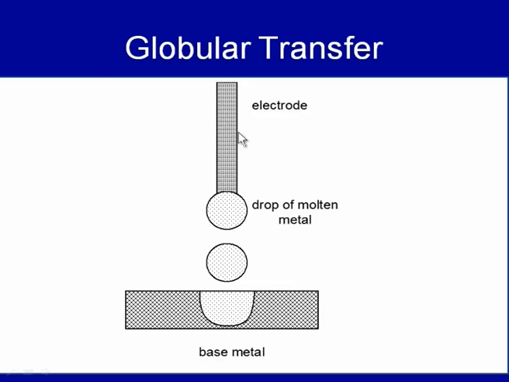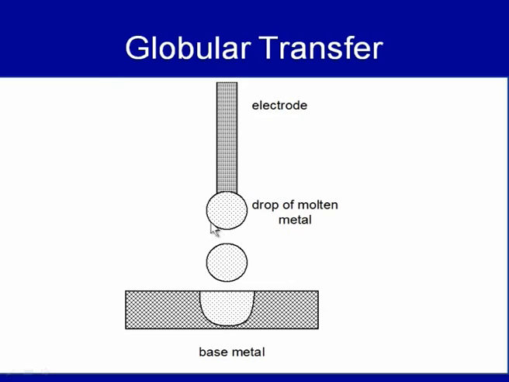To understand this, if you see this schematic diagram, the generation of the heat is due to the arc between the electrode and the workpiece. When the welding current is low, but the gap between the electrode and the workpiece is large, the drop at the tip of the electrode grows gradually, and it will continue to grow until its weight becomes high enough so that the gravitational force can pull it down and detach it from the electrode tip, resulting in the transfer from the electrode tip to the weld pool.